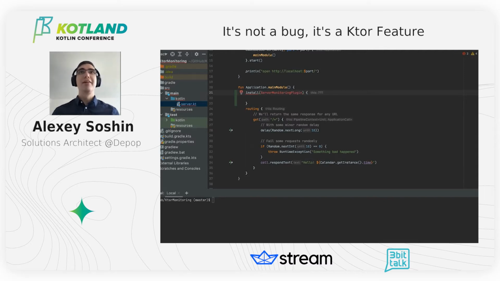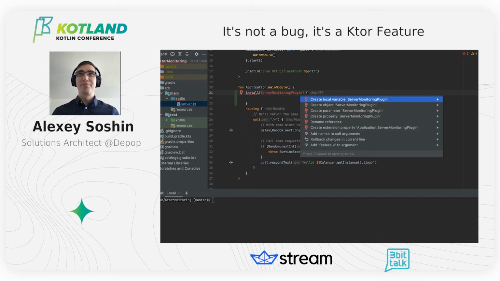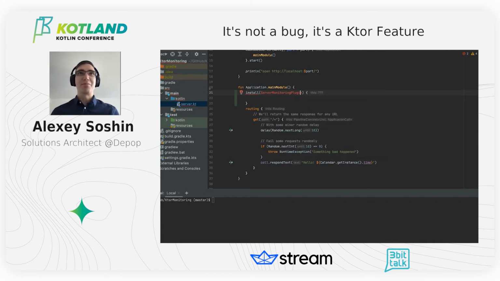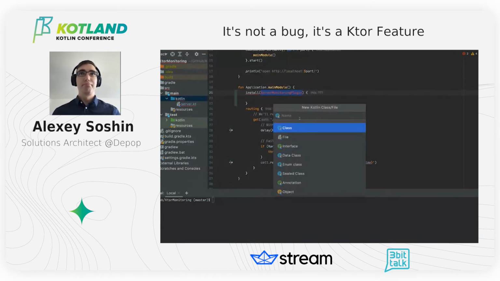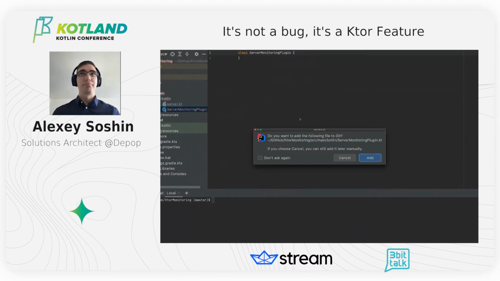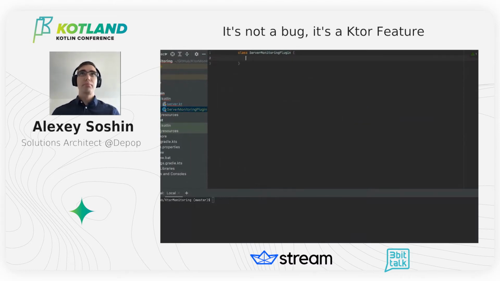Let's see if IntelliJ is smart enough to generate it for me. No, okay, doesn't matter. We'll do that manually. The first thing we need to do is declare this class, since we didn't declare it at all. That's our class.